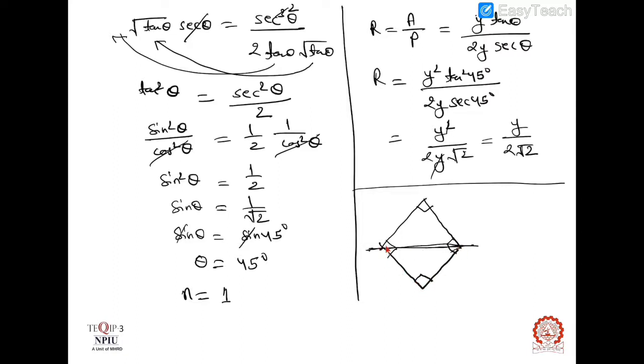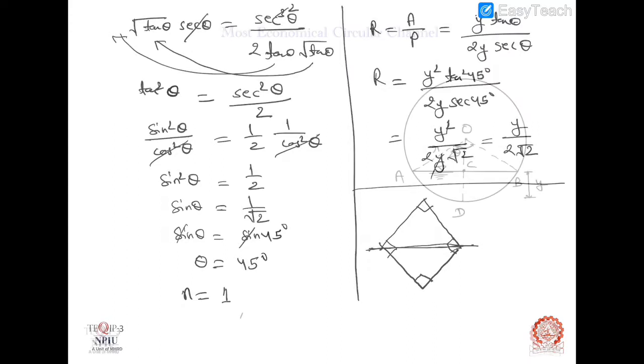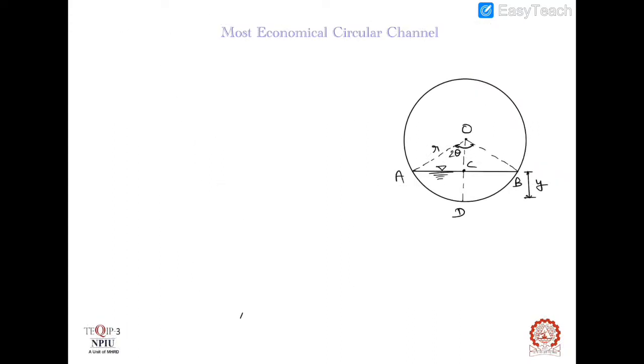Is it clear? The most economical triangular channel section is half of a square, which is described on a diagonal having equal sloping sides. Next we come to the most economical circular channel.